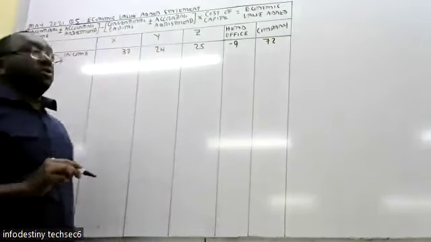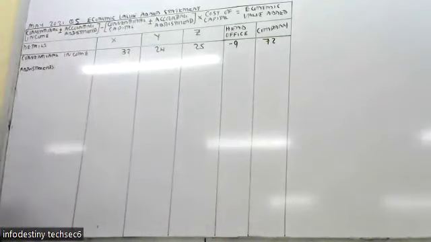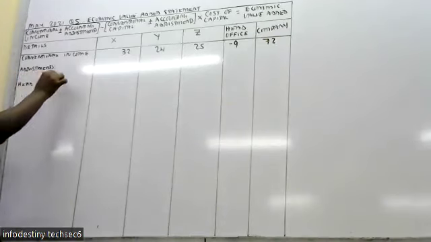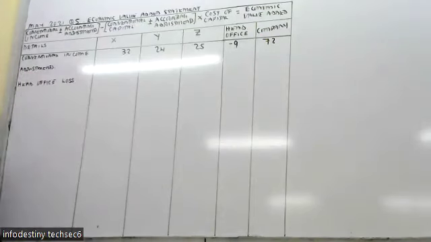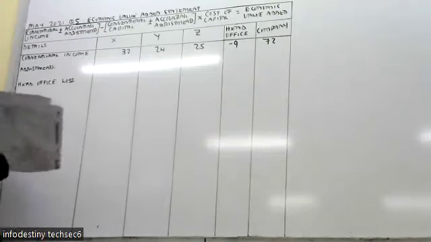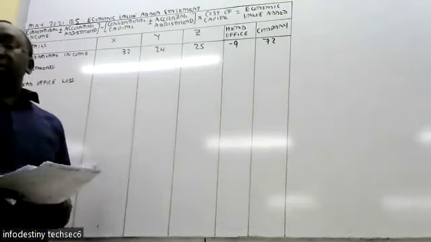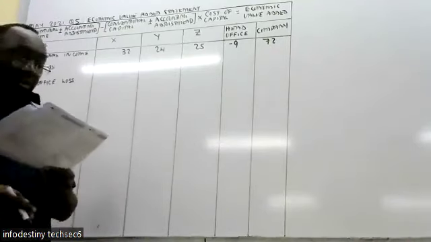So what we are going to do is to start with the head office loss. The question has already guided us, according to information 1, that anything in the head office should be shared equally.